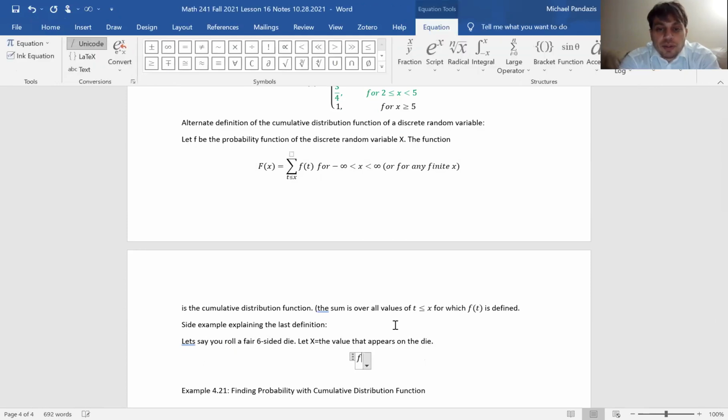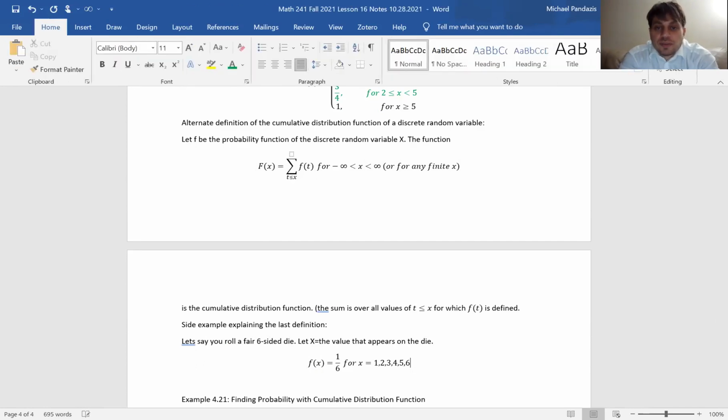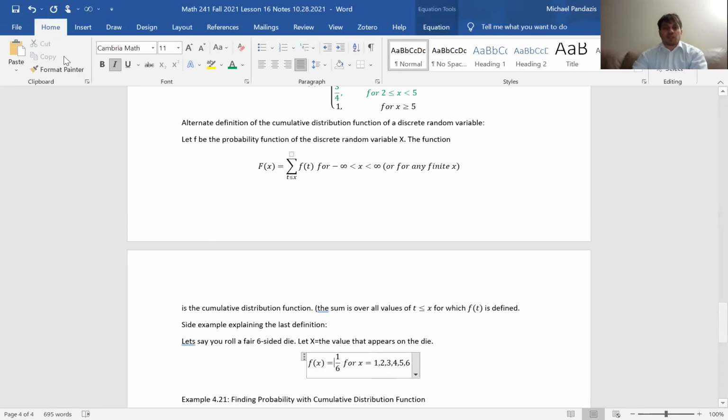We already know that the probability function for this example is 1/6 for every x, so x equals 1, 2, 3, 4, 5, and 6. When you roll the die, the probability of any of those 6 numbers is 1/6. So the PDF, little f of x, is 1/6.